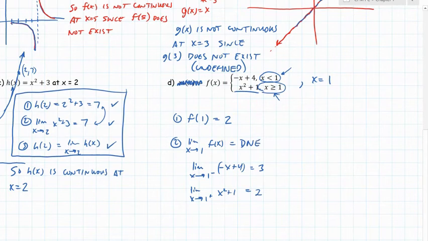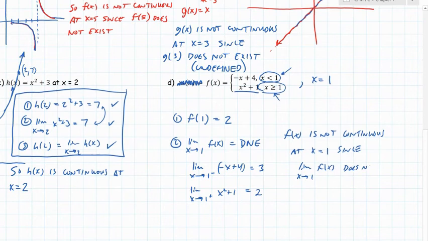And since it does not exist, step 2 of our formal definition failed. This limit does not exist, and so we say f of x is not continuous at x equals 1, since the limit as x approaches 1 of f of x does not exist.